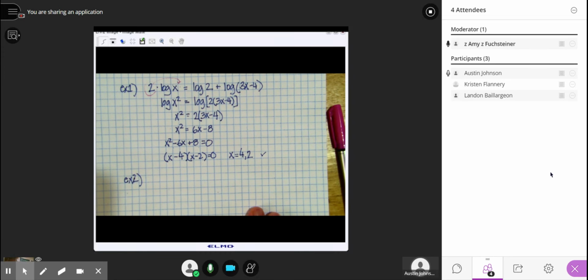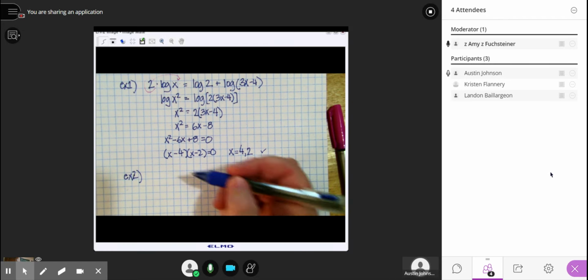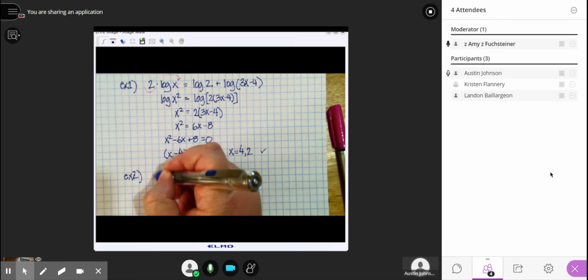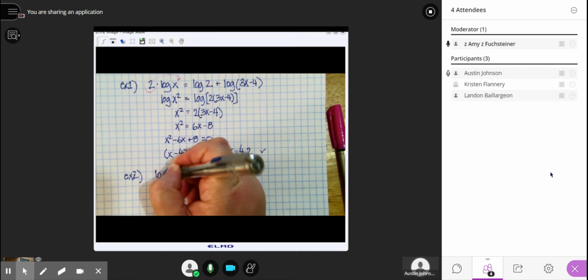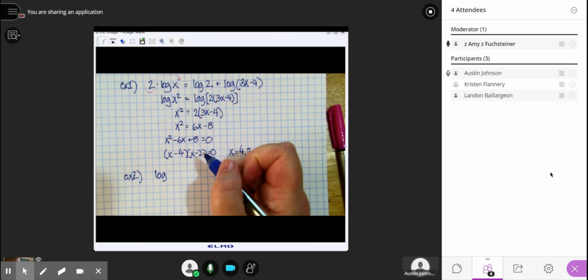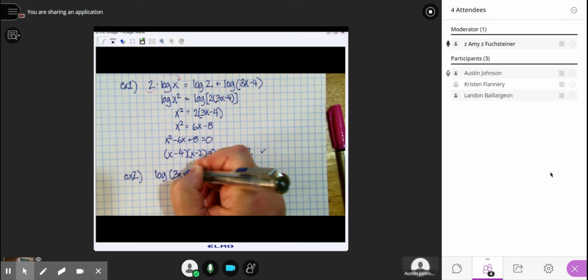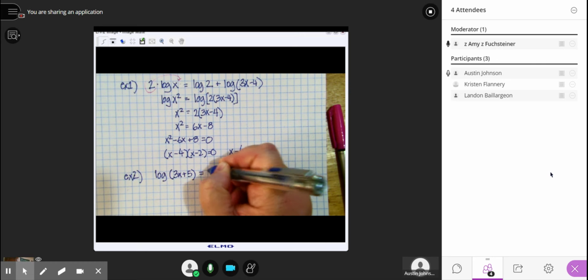Okay, second example. I've got the log of 3x plus 5 is equal to 2.